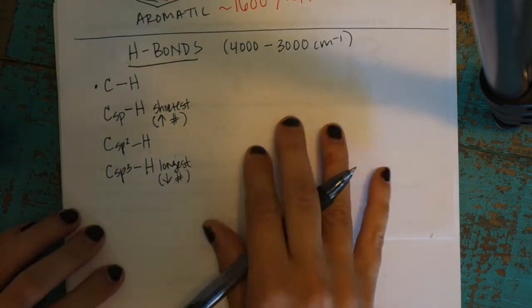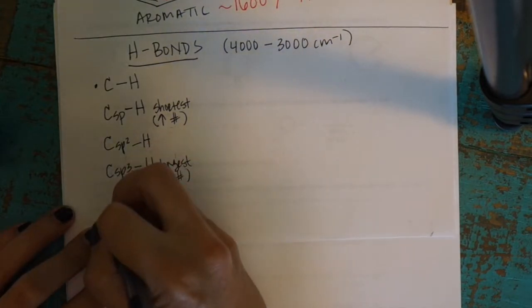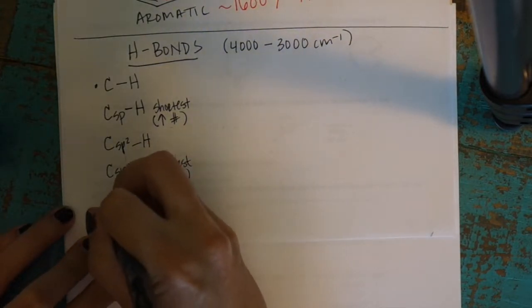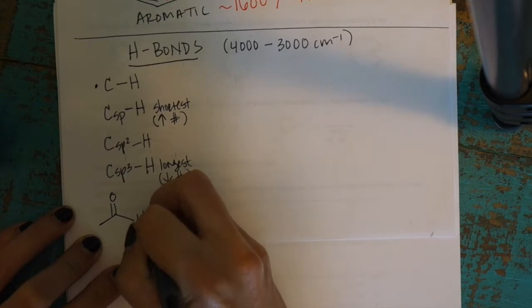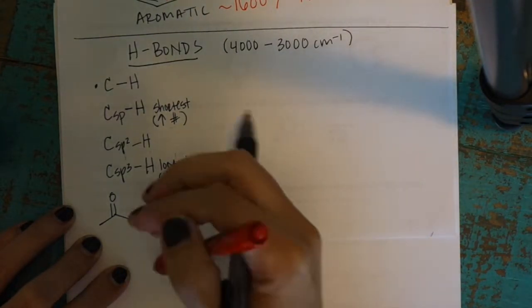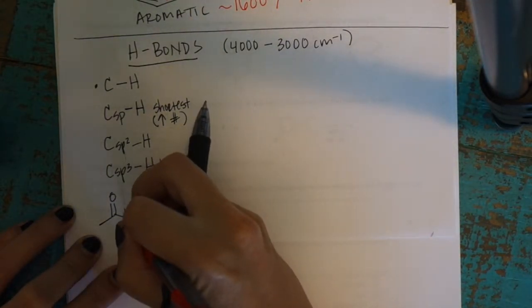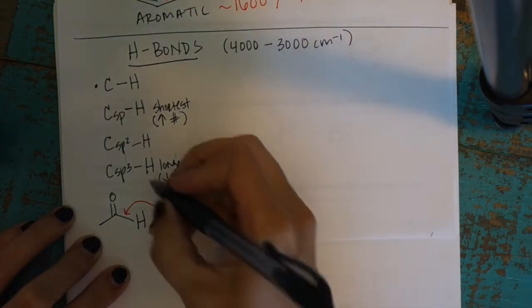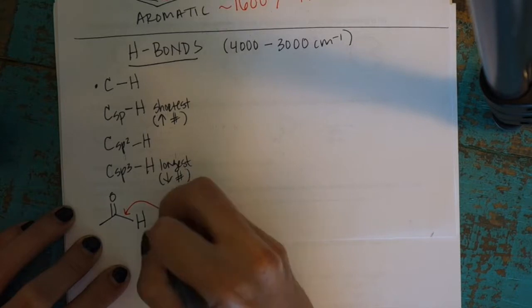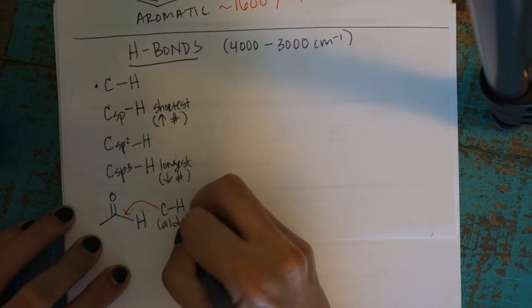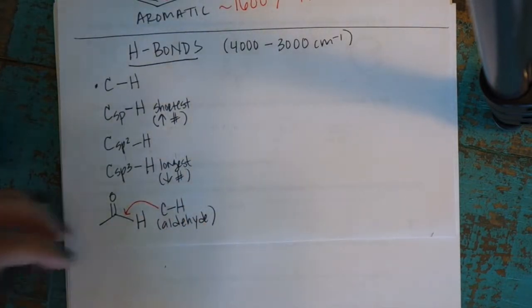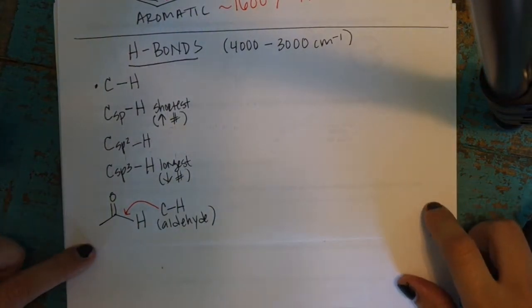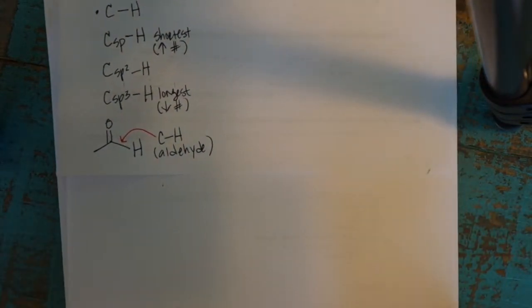We're also going to talk about a special bond: the CH in an aldehyde also has its own distinct movement. I'm talking about the CH bond that's directly attached to the carbonyl. We're going to call that the CH aldehyde peak. So those are four different CHs that you'll see.